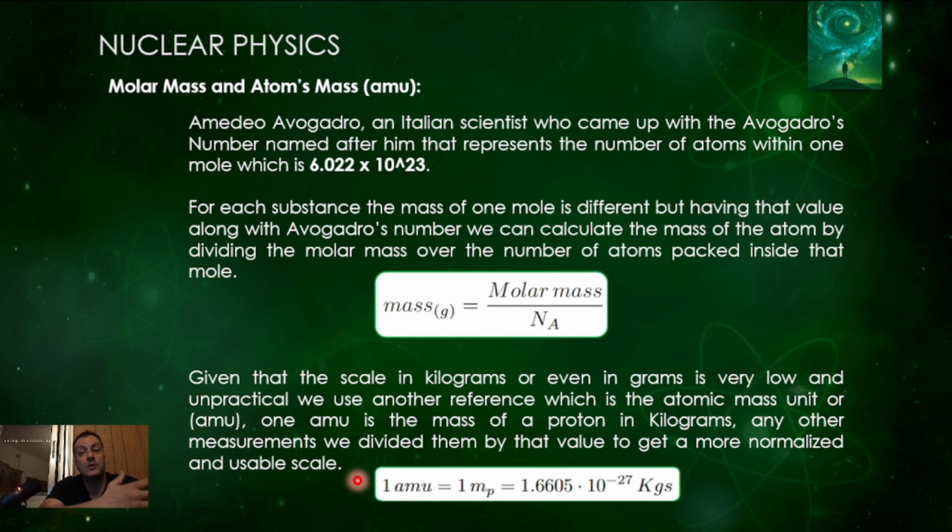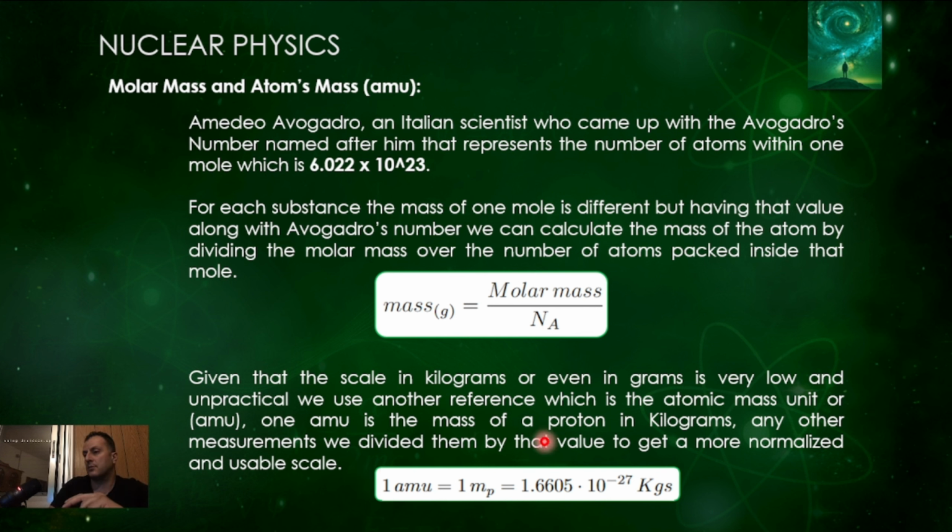You would rather use kilometers or miles, and for astronomical scales, we don't measure distances by meters or kilometers, but we use light years, which is the distance traveled by light during an entire year.